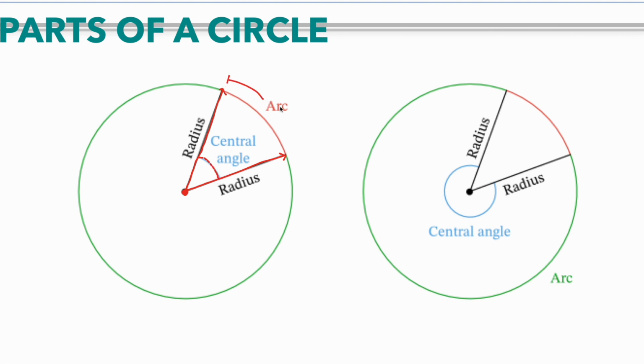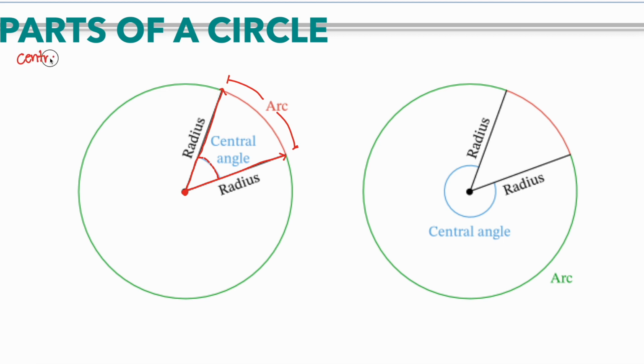And the part of the circle bound between these two radii is called the arc. You would have the entire circumference, but this would be a piece of the circumference, and we call it an arc.